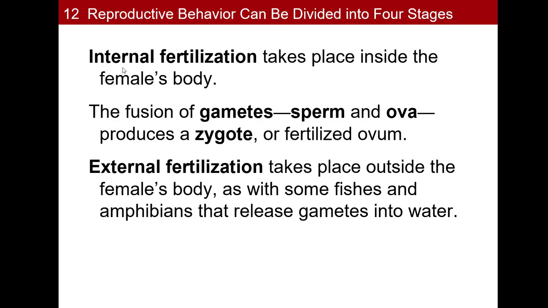On the one hand, with internal fertilization, if mom is carrying the babies, then perhaps that means there's more protection, a more stable environment, stable sources of nutrition, care after birth, that kind of thing as well. On the other hand, with external fertilization, there are advantages here as well.